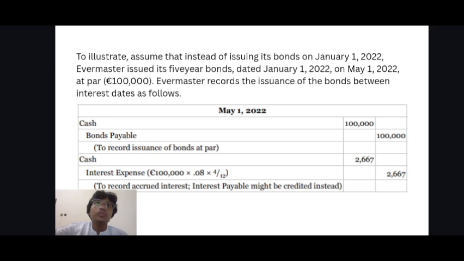So to illustrate, assume that instead of issuing the bond on January 1st, Evermaster issued its 5-year bond dated January 1st, 2022 on May 1, 2022 at par of 100,000. Evermaster records the issuance of the bond between interest dates as in the chart.